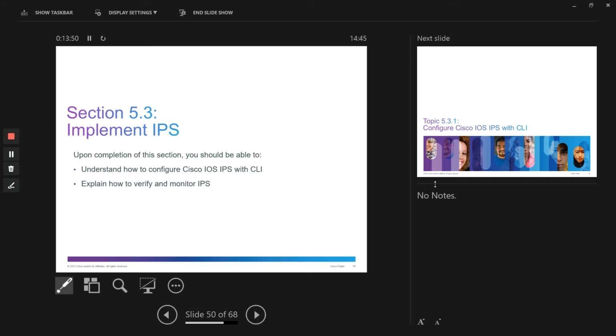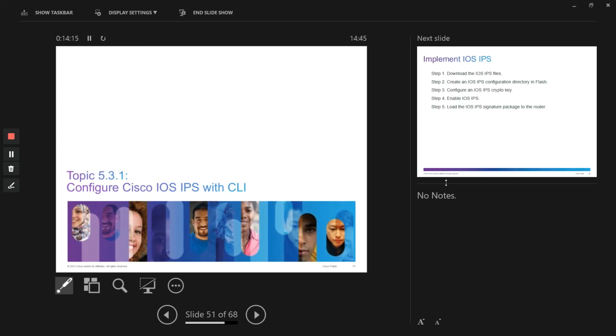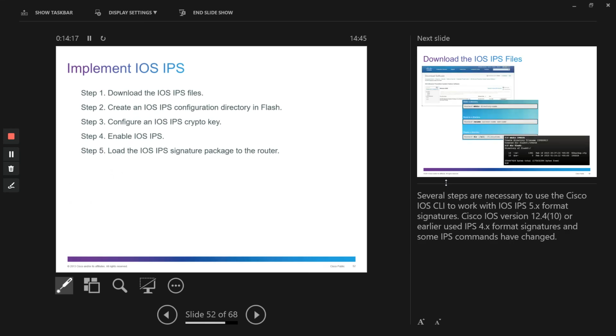Now finally we get to section 5.3. This is the last section about implementation of IPS. Here we're going to understand how to configure Cisco IOS IPS with the CLI and explain how to verify and monitor IPS. Cisco IOS IPS means the IPS which is available on the operating system as software.